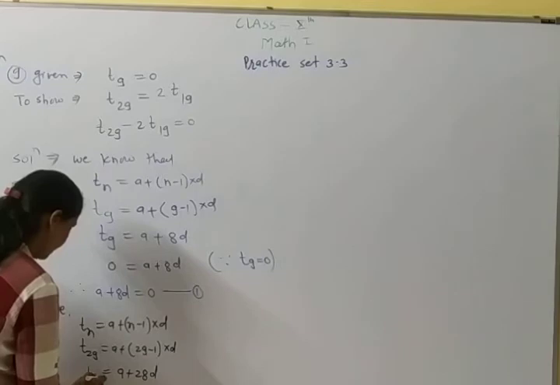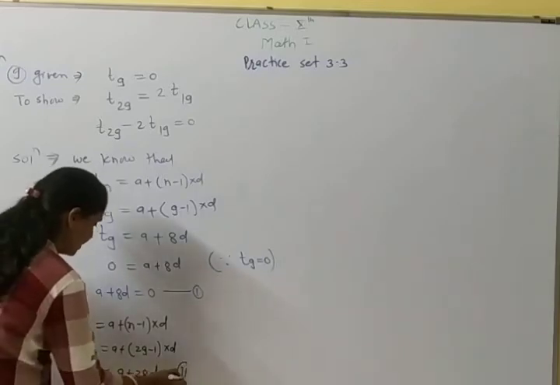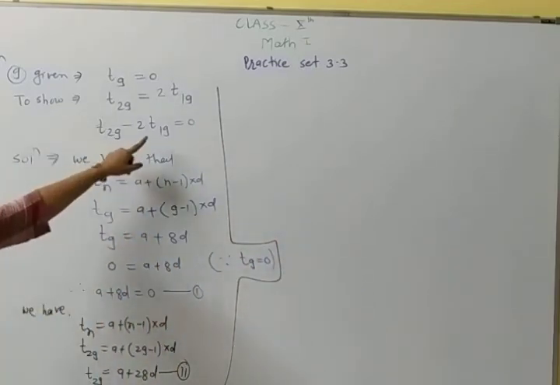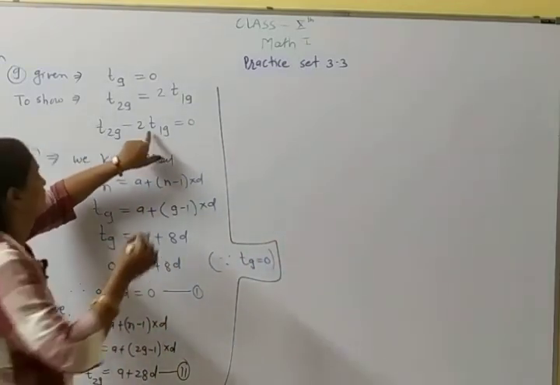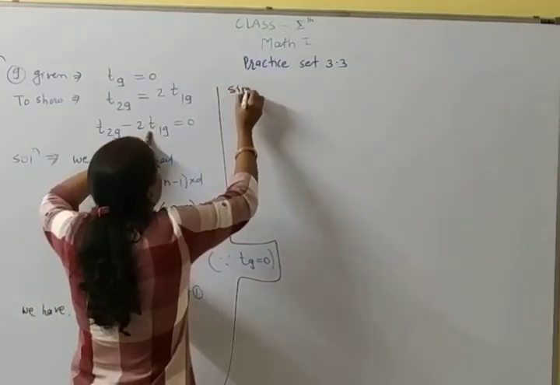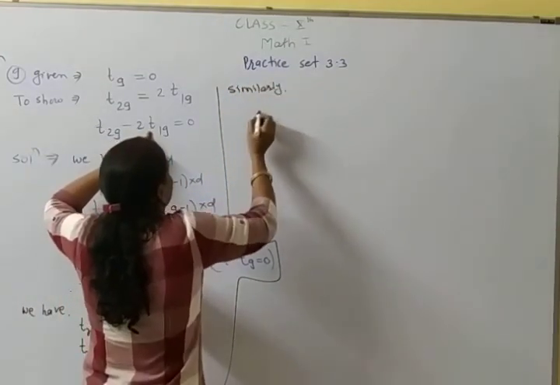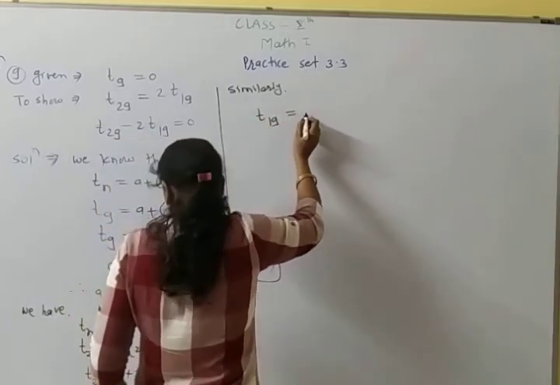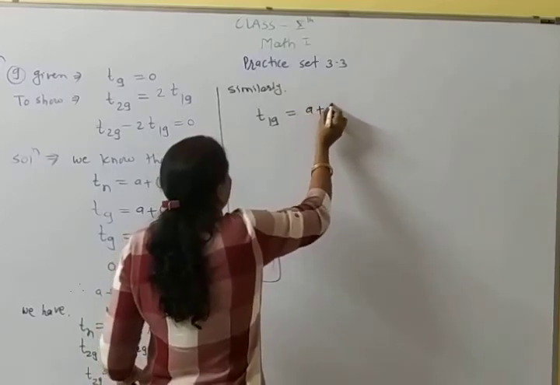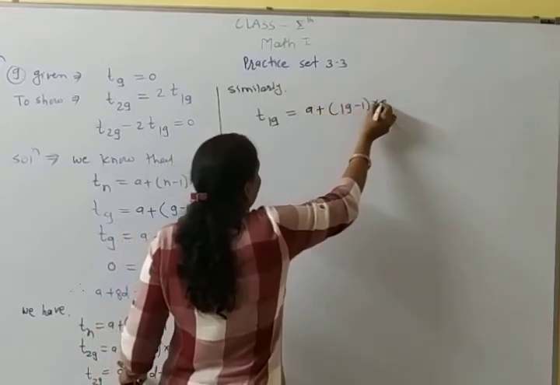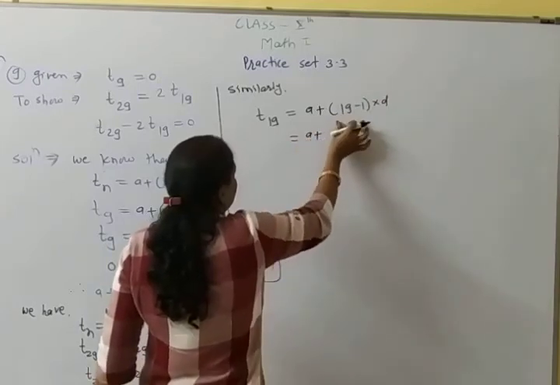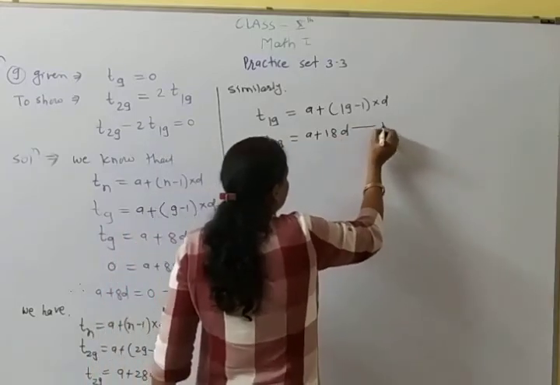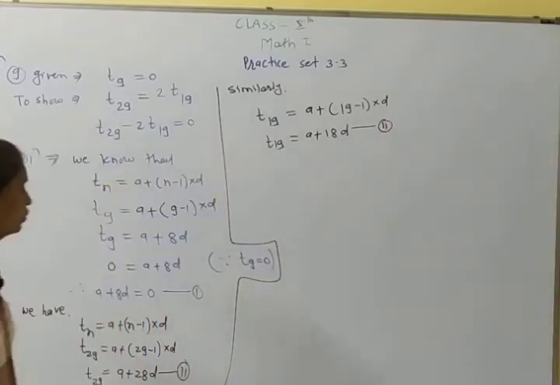Therefore T29 equal to A plus 28D, equation number 2. Find T19. Similarly, T19 equal to A plus 19 minus 1 into D, which is A plus 18D. So T19 equal to A plus 18D, equation number 3.